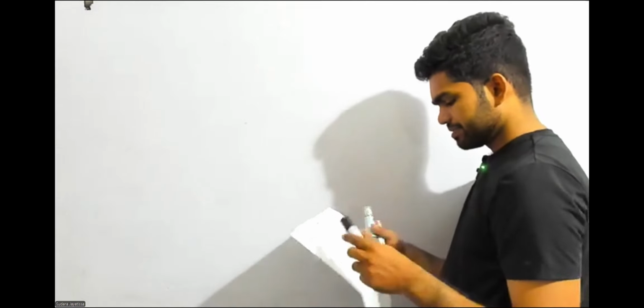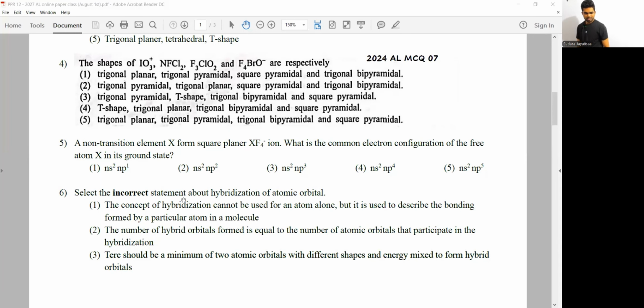Okay, look at the question. Let me show you the question for a second, since someone watching the recording might not have the paper now. Look at the fifth one. This is the one we are going to do now. Element X is non-transition. I'll explain later. It forms a square planar XF4 minus.